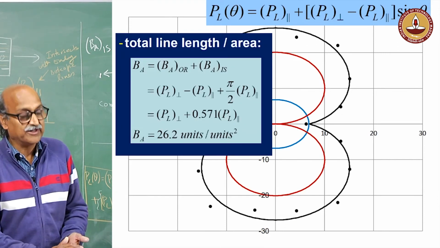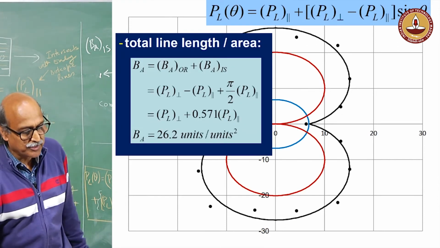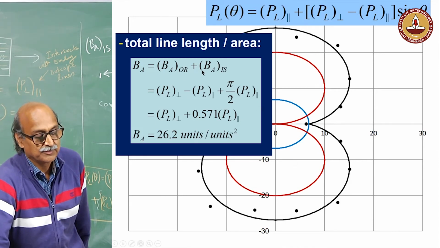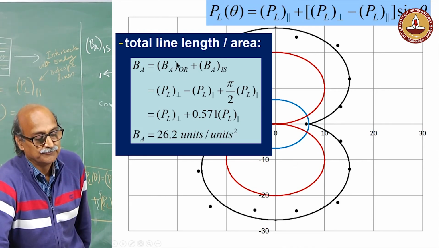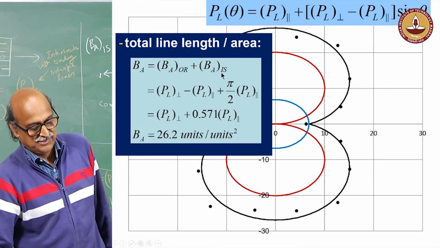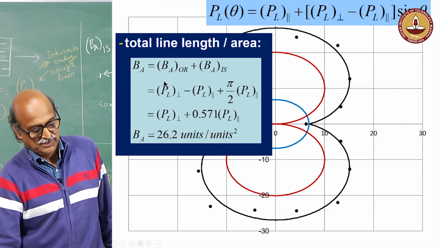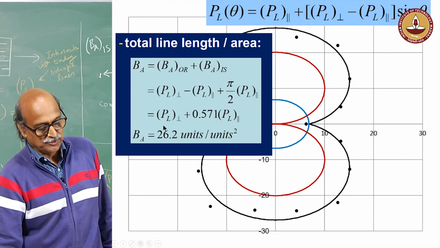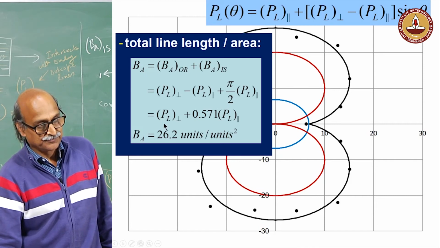Plus, if I now want to know what is the total boundary length per unit area, all I have to do is add up the two components, BA oriented plus BA isotropic. In the end, I can write the total boundary length per unit area in terms of PL.